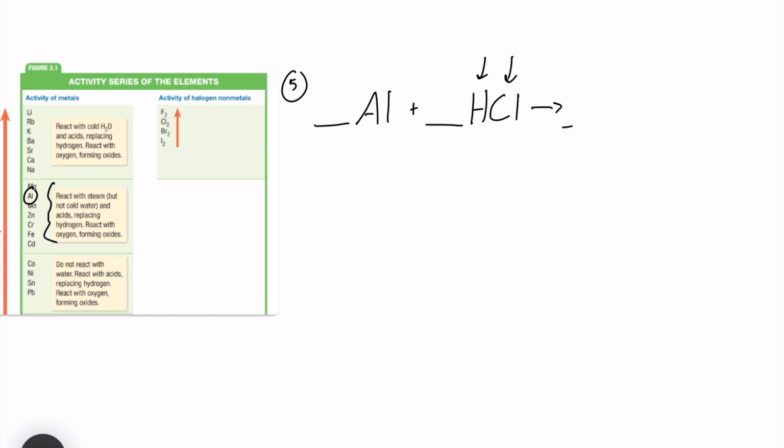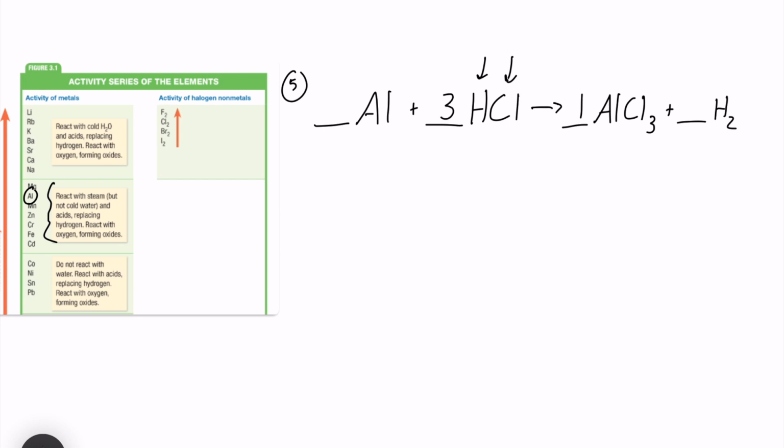So we can write down that product. We will have AlCl3. And our other product, what got kicked out, what is now alone, is hydrogen. And since it's alone, it's still going to be H2. Okay, so we will try a 1 in front of aluminum chloride and a 3 in front of HCl.